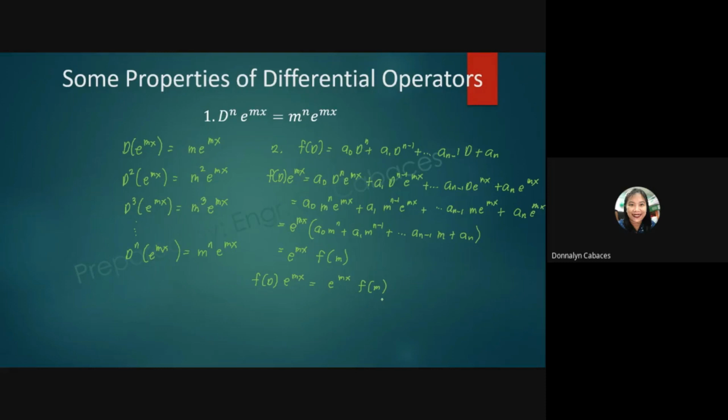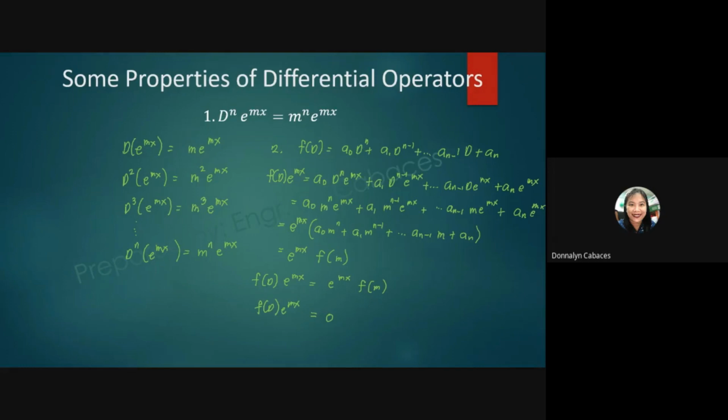And if m is the root of f of m, then what happens? Then therefore, this is equal to 0. Then you have f of D, e to the mx is equal to 0. Again, if m is a root of f of m. Okay?